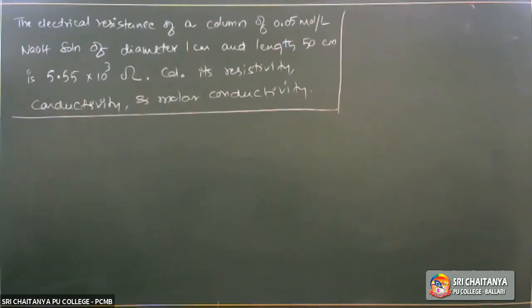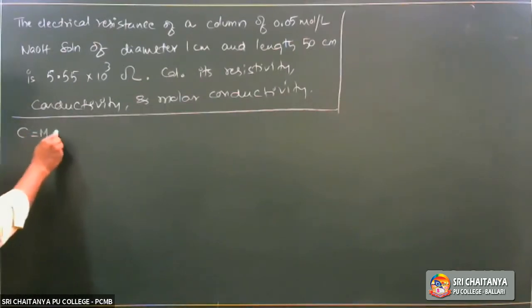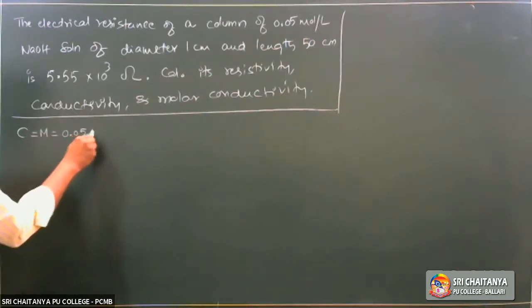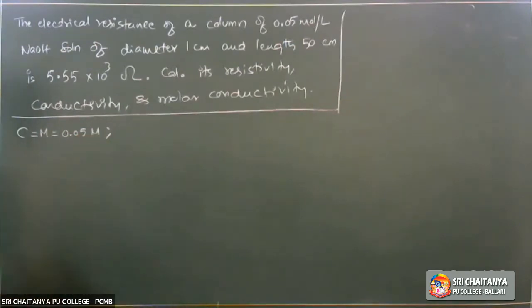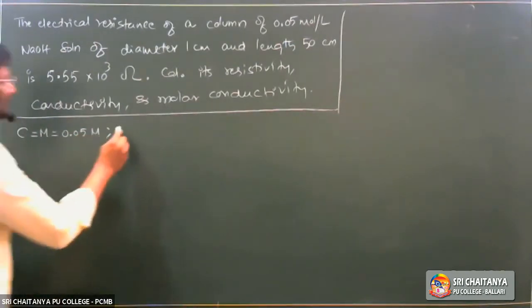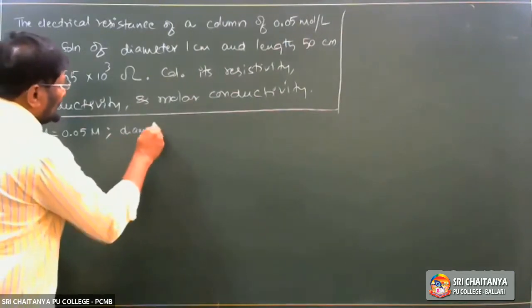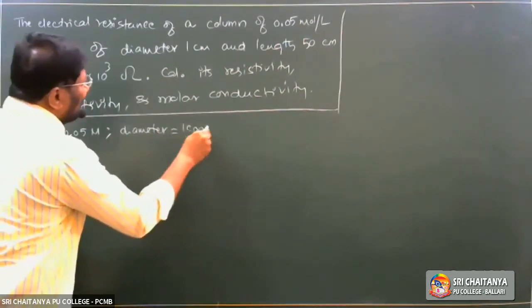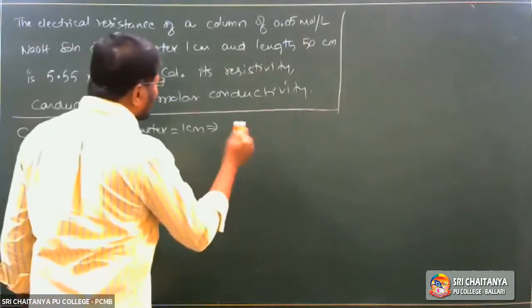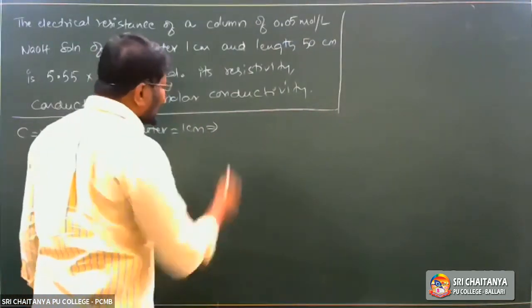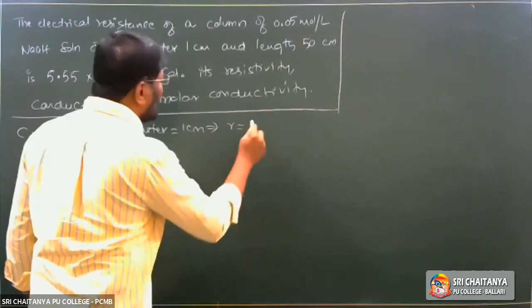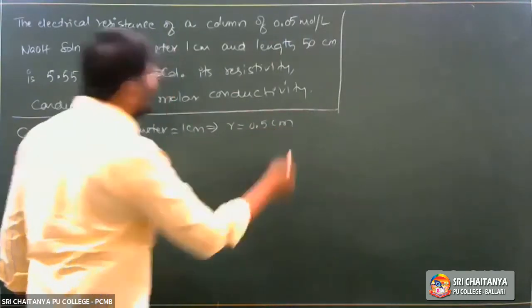Three problems are included here, so three questions. Now, let us go through all of them. The first one, what all is given? Concentration, molarity, 0.05 M. Diameter is 1 centimeter, therefore radius is 0.5 centimeters.